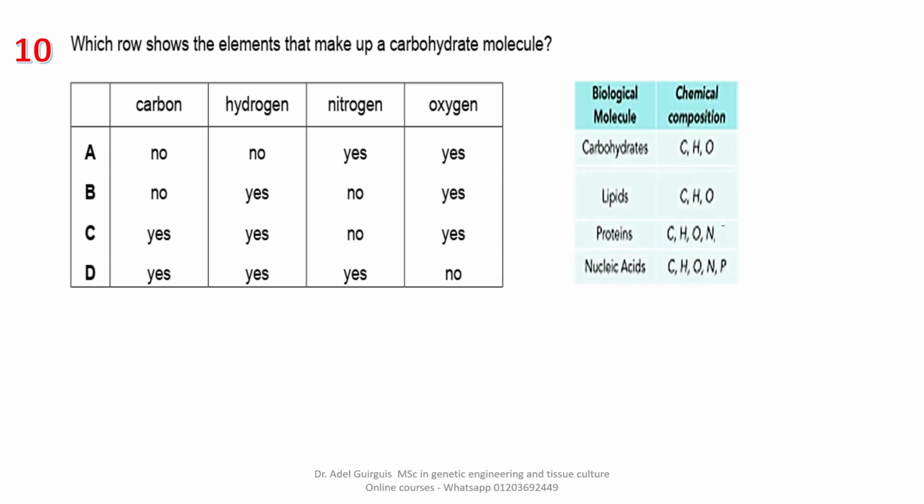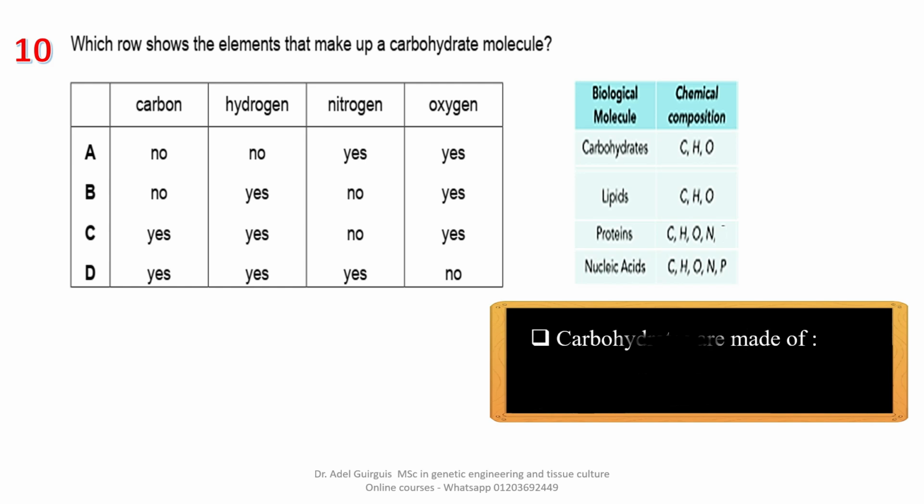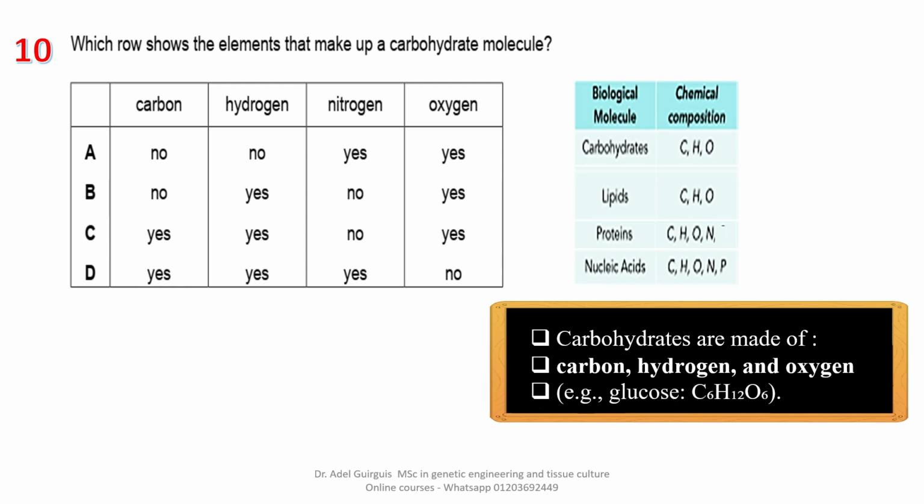But let's check. Biological molecules and their chemical composition. Carbohydrate, CHO with a specific ratio, like glucose, for example, C6H12O6 in the ratio 1 to 2 to 1. This is the rule for carbohydrate.